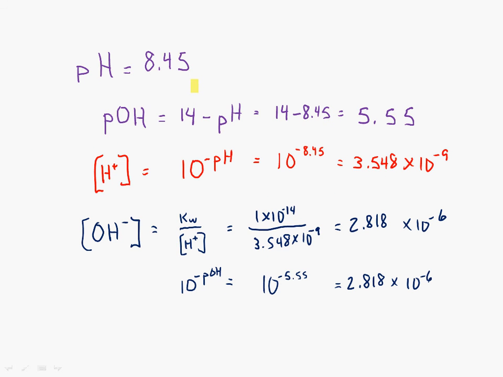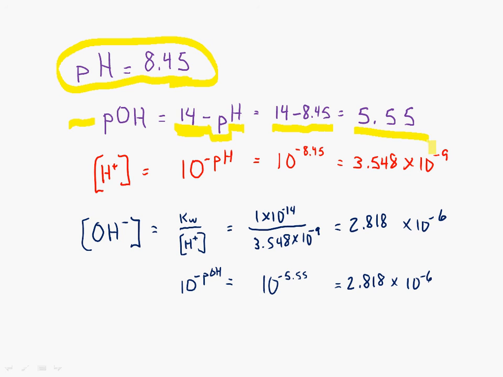In this particular problem, we said, okay, the pH is 8.45. We calculated the pOH by showing this relationship. pOH is equal to 14 minus the pH. So the pOH was calculated then as 5.55.